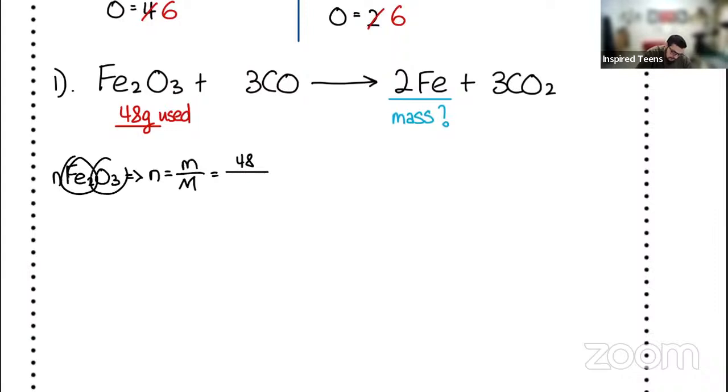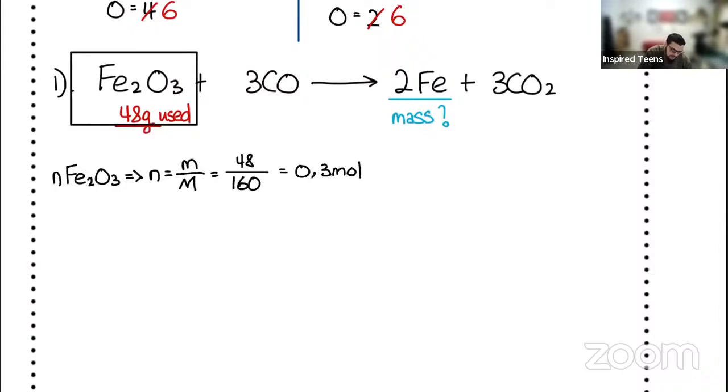So 2 irons and 3 oxygens give us 160 grams per mole. That is the molar mass. We always want to convert to moles, and this gives us an answer of 0.3 moles. So 48 grams of iron(III) oxide is 0.3 moles.